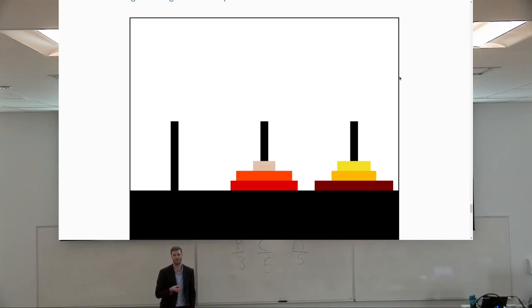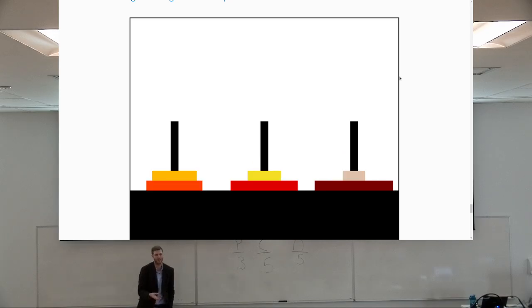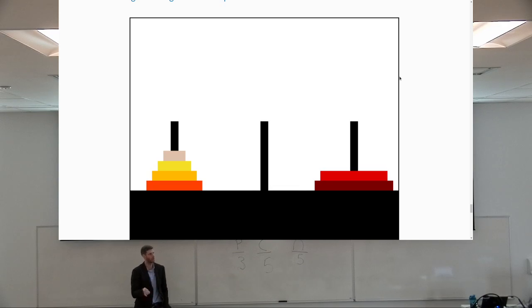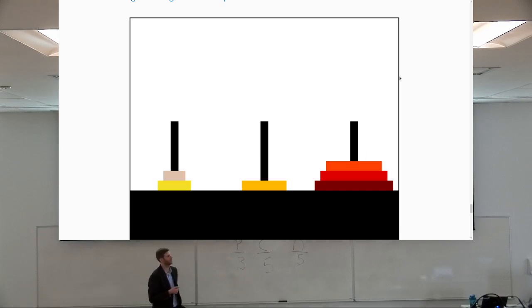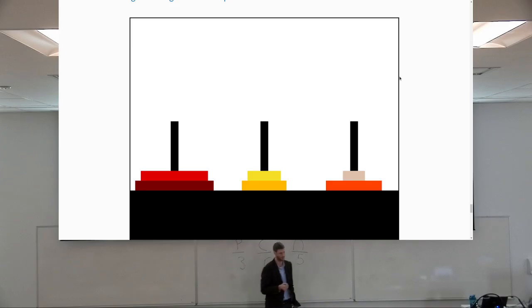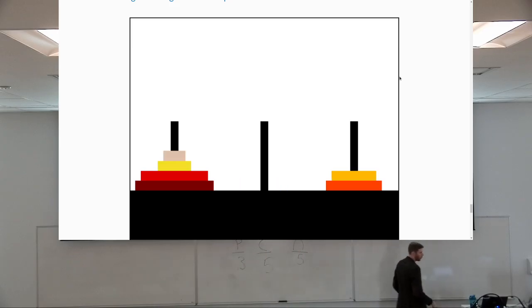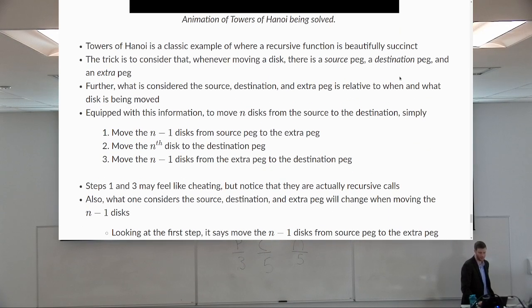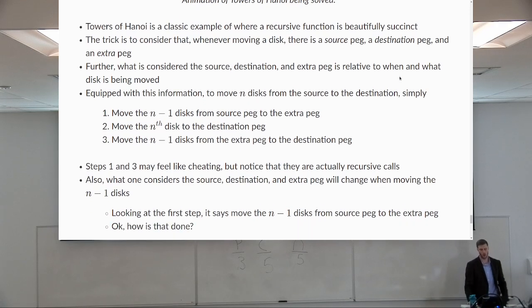And with every subsequently larger disk, you just keep repeating the same pattern over and over and over to move the disks around. And it just so happens that there is a beautifully simple recursive algorithm for doing Towers of Hanoi. It requires some intuition, but it's not too bad.